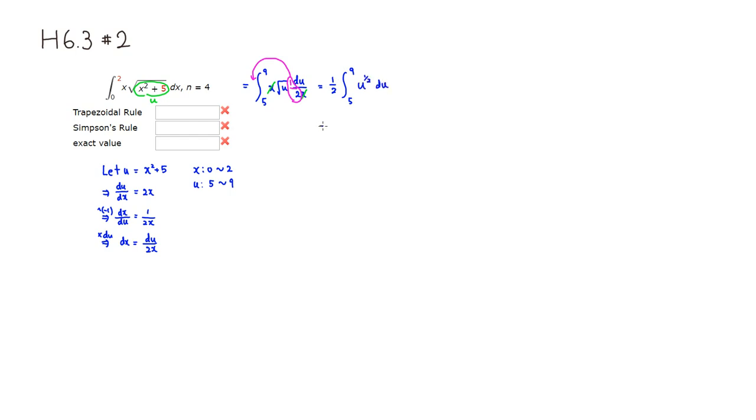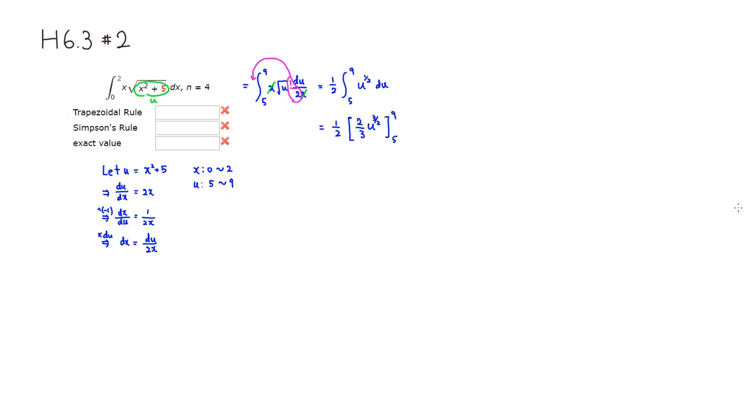The antiderivative is adding 1 to the power, so it's 3/2. Dividing by 3/2 is the same thing as multiplying by 2/3. Then you're going from 5 to 9.